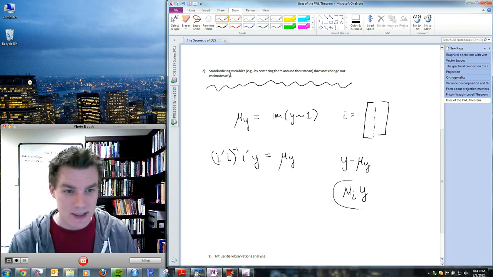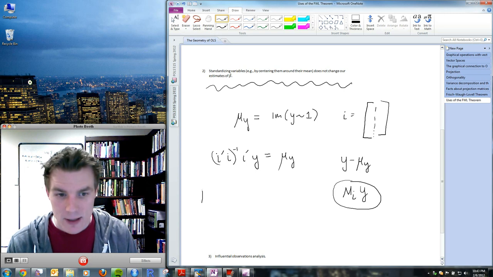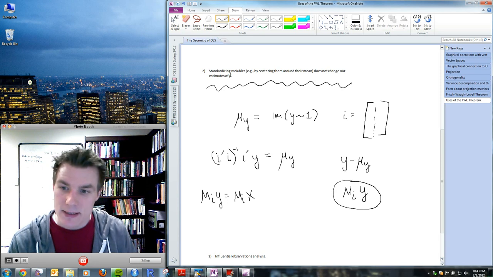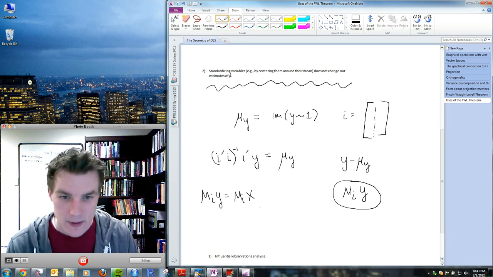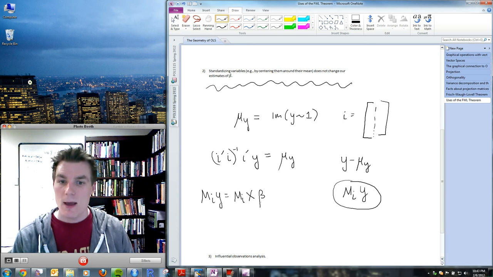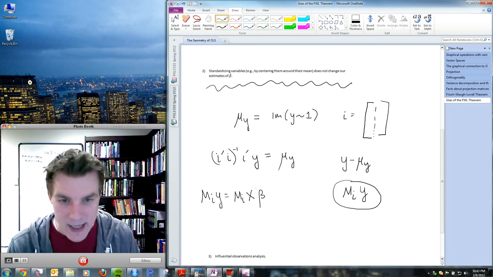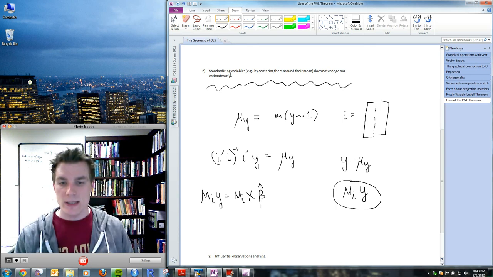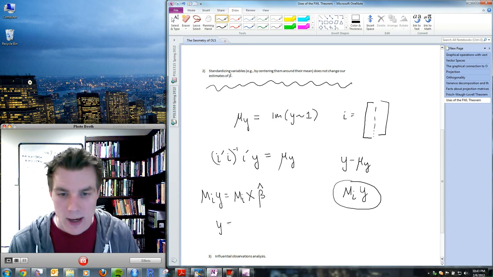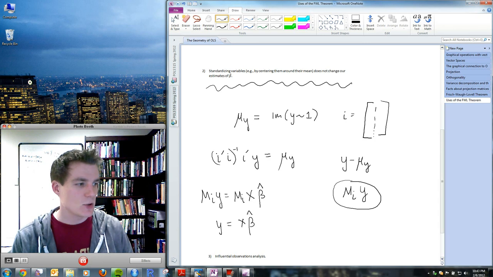And what that tells me is if I run M_I y equals M_I x beta, I will get the same beta hats that I would get if I ran y equals x beta, if I didn't mean center the variables.